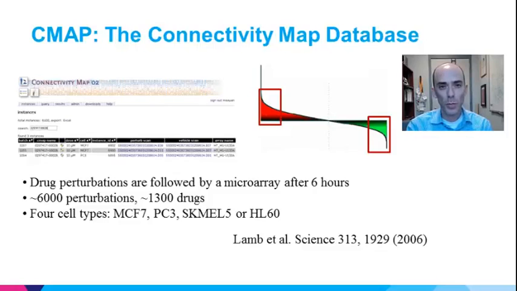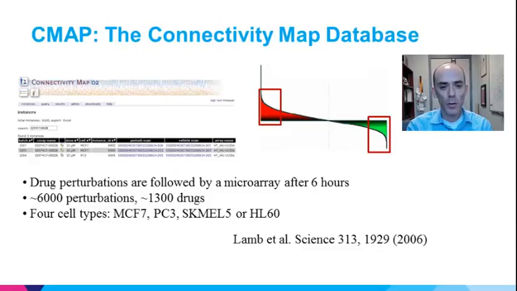So for each perturbation, we can obtain a list of up and down regulated genes. On the CMAP website, you can query this dataset to find drugs that overlap with the user input lists of the up and down genes. And this can be used to find drugs that can potentially reverse the expression of cells in a desired direction.